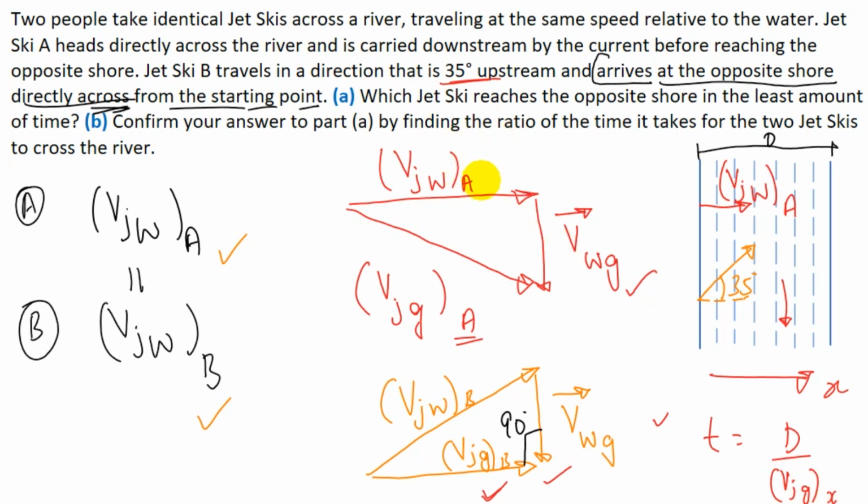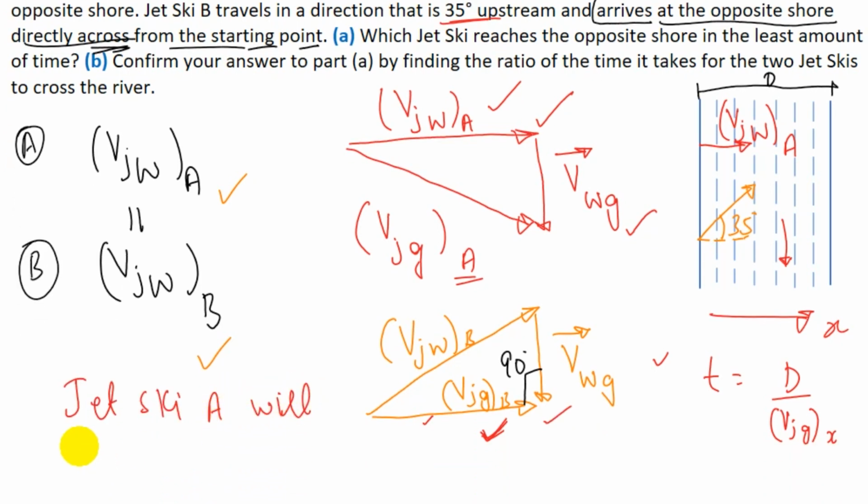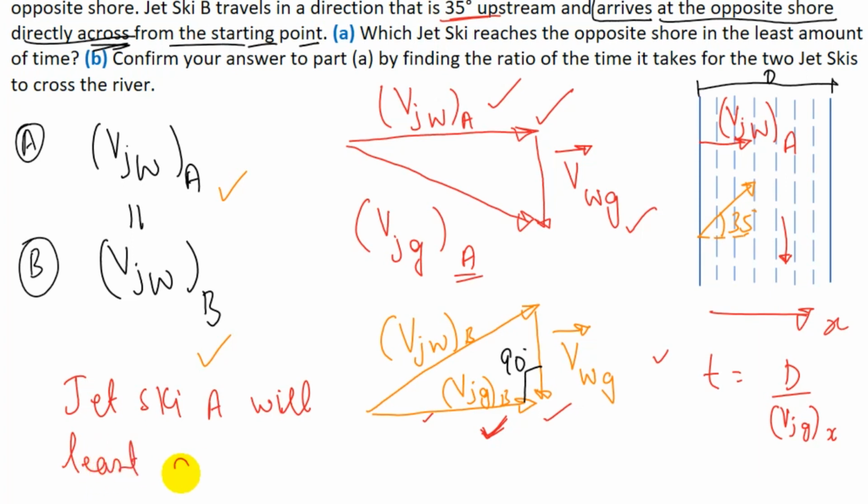This is the x component for jet ski A, and this is the x component for jet ski B. From both diagrams we can say that this vector is greater than this vector. So we can say that jet ski A will take the least amount of time. So this is the solution for part A.